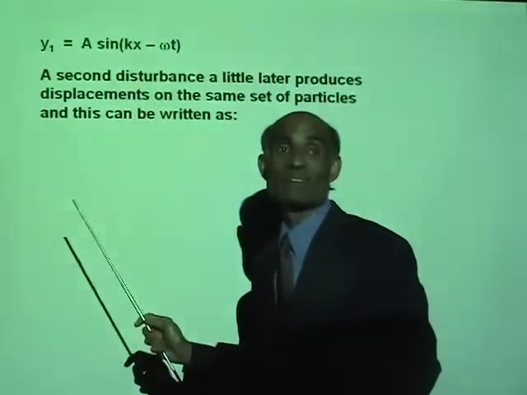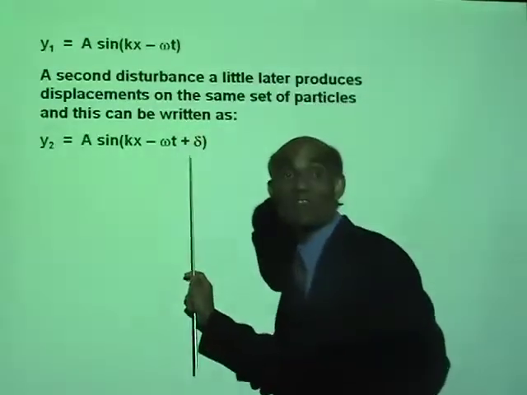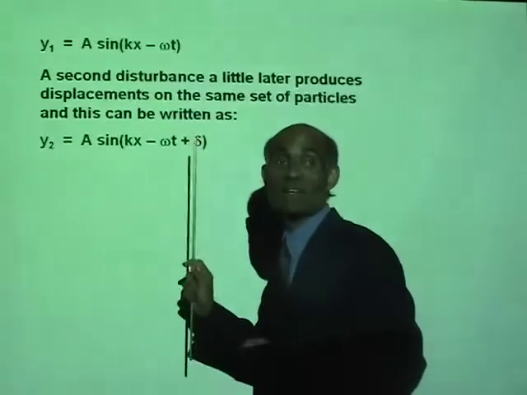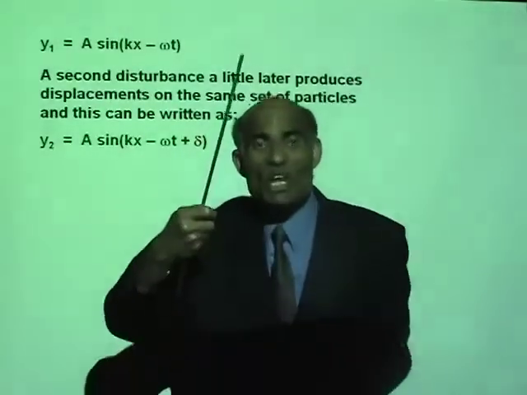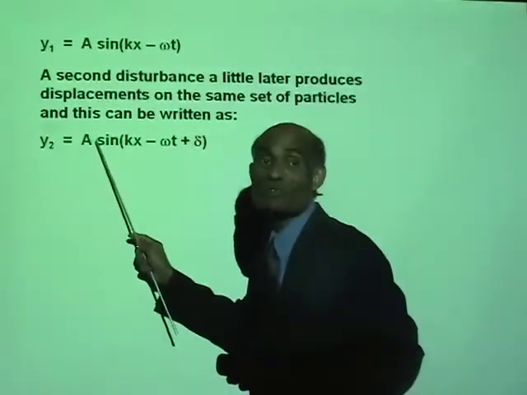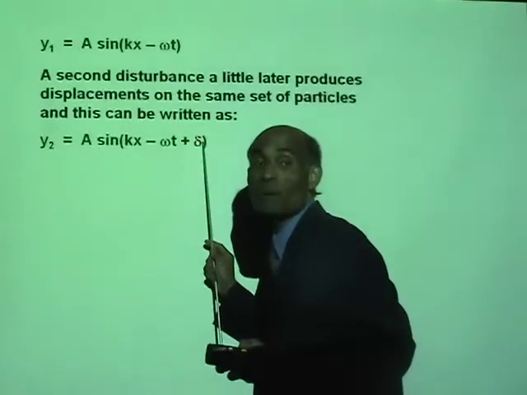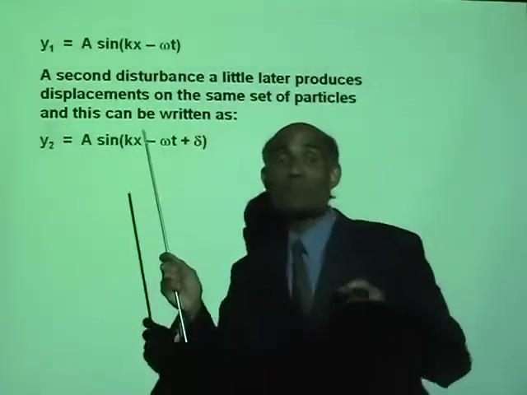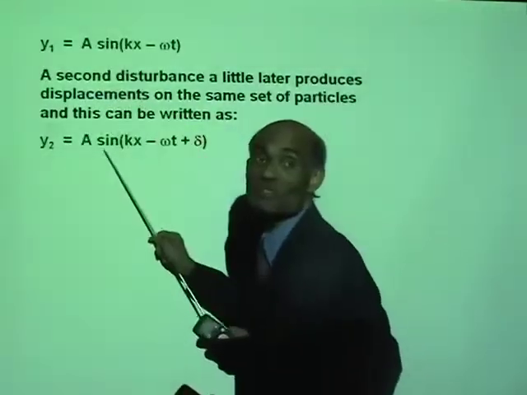And how will you represent that? We are going to represent it by the phase angle delta. Suppose a second disturbance happened a little later. We will represent that as y2 = a sin(kx - omega t + delta), where delta represents the phase difference between the two disturbances.